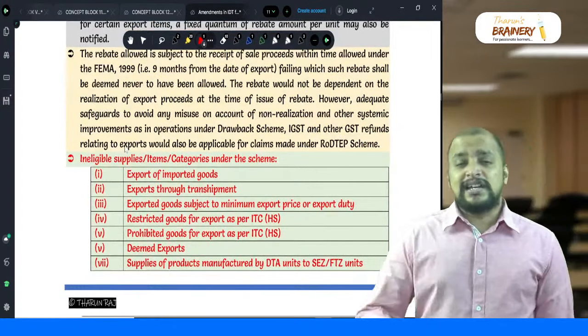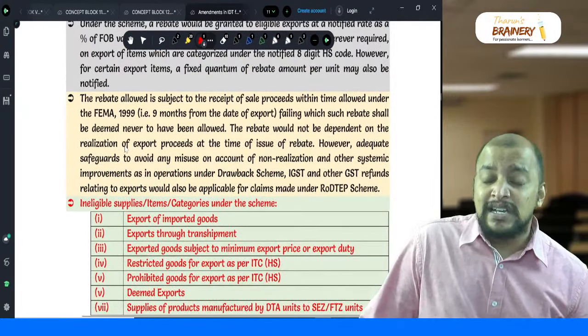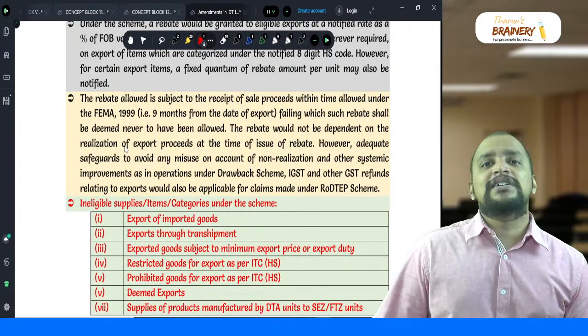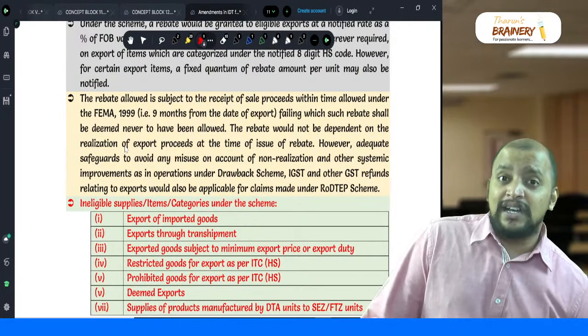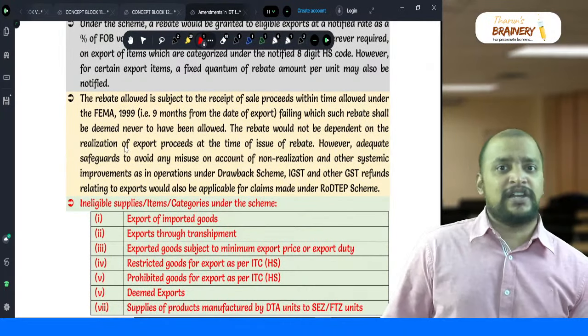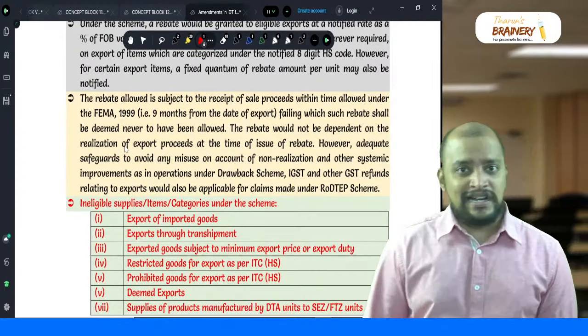And that incentive will be available provided you realize the export proceeds within the time prescribed under FEMA. What is the time prescribed under FEMA? 9 months. Within 9 months, if you bring the export proceeds, then only that remission is available. Suppose you are not bringing it within 9 months, then we will never get that remission.